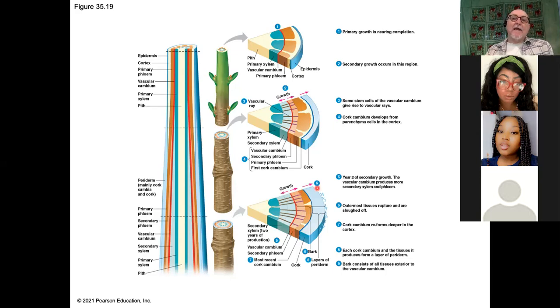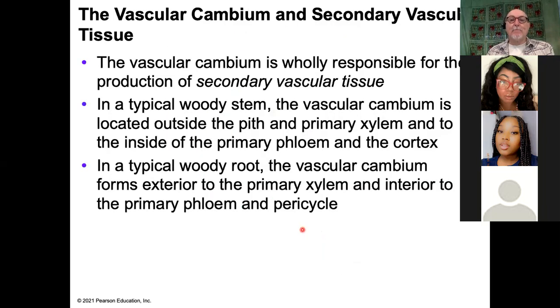That's why if you ring bark a tree, if you strip the bark off a tree in a complete circle, the tree dies. The reason it dies is that you have taken away the phloem tissue, and the flow of photosynthetic nutrients to the roots stops, and the roots die. That's why ring barking a tree kills the tree.